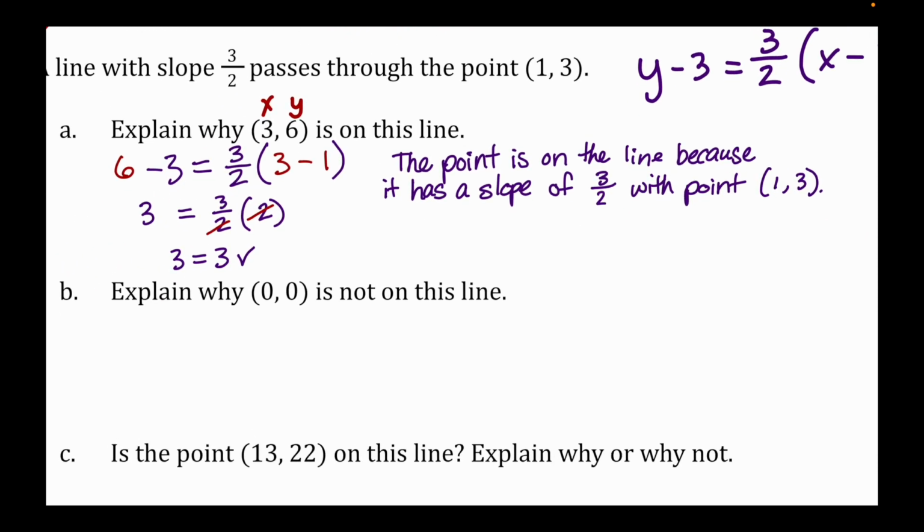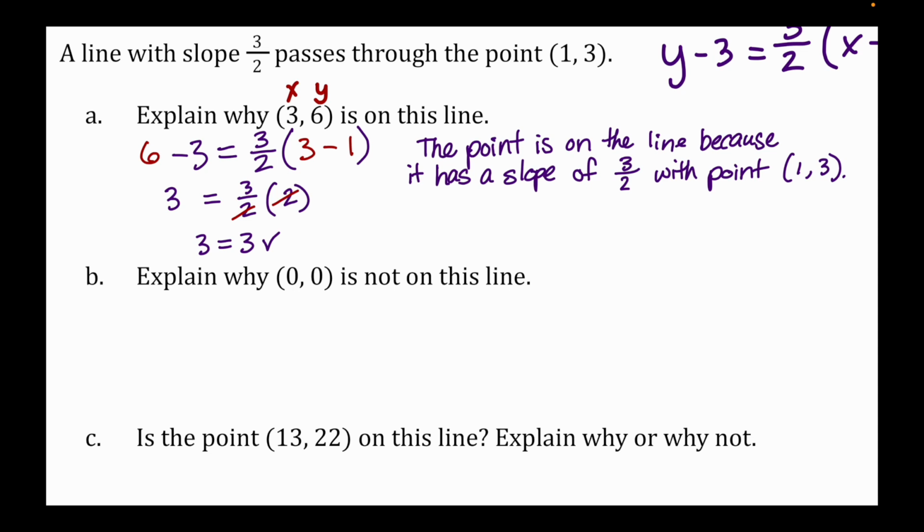Now, the same reason for 0, 0 would apply for it to not be on the line, because it would not make that same slope, and we would be able to see that by it not making the equation true.